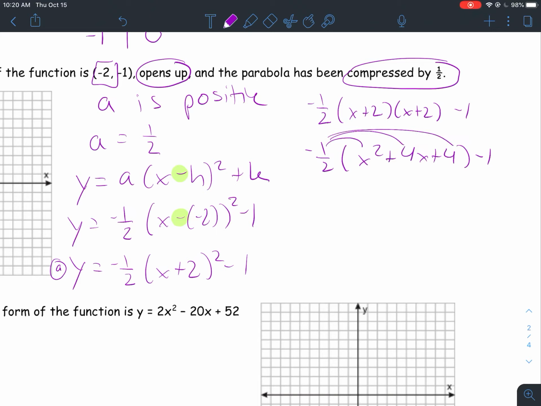Then, of course, you FOIL and distribute. So I'm going to get −1/2 x² − 2x − 2 − 1. So I end with y = −1/2 x² − 2x − 3.